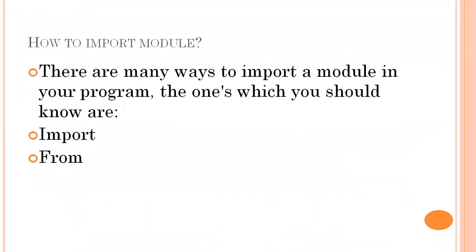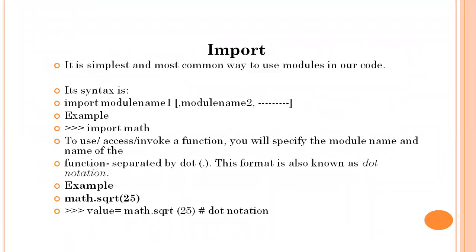Now, when we want to import a module, there are two ways. First is by using the import statement, and second is using the from statement. For example, if we want to import any module, we have to write the syntax: import, then the module name.